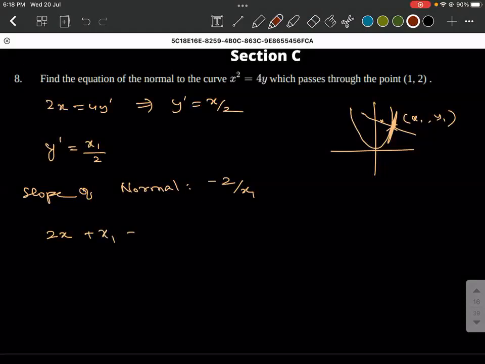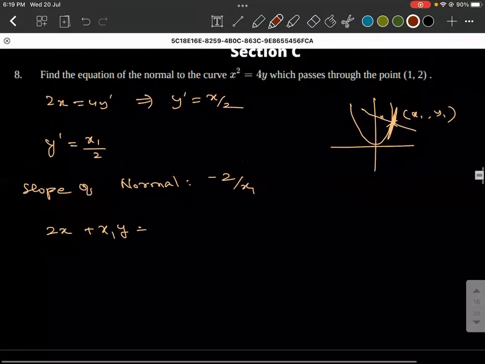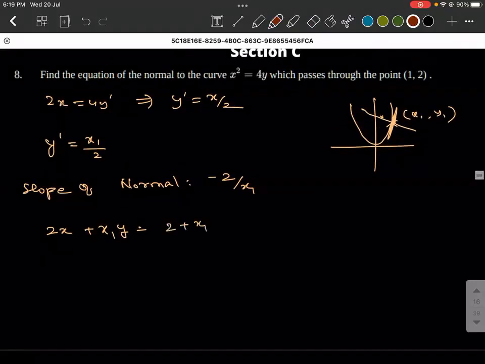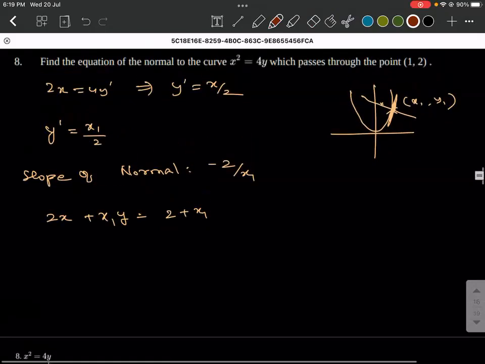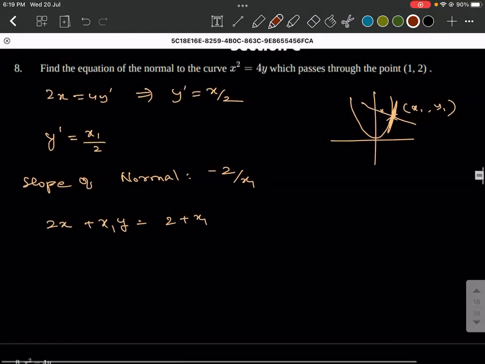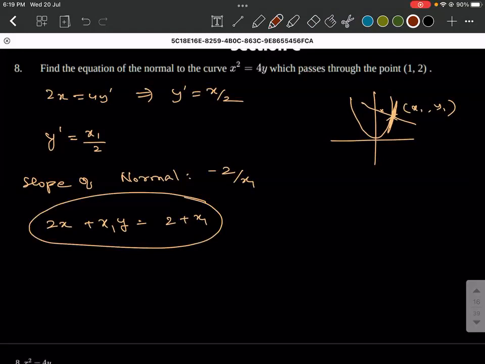So what will be the equation of this? You have the slope and you have the point x1, y1. Using the same thing, you will get the equation of the normal.